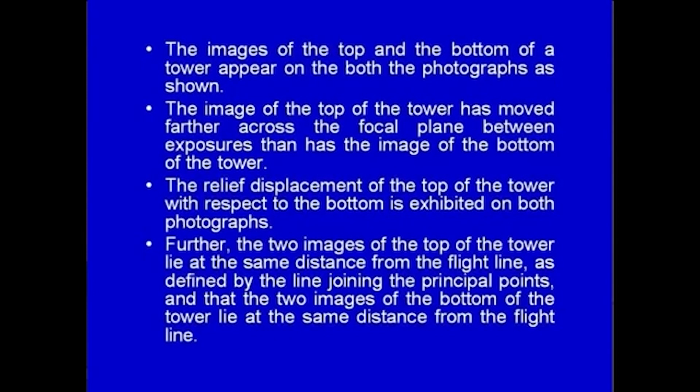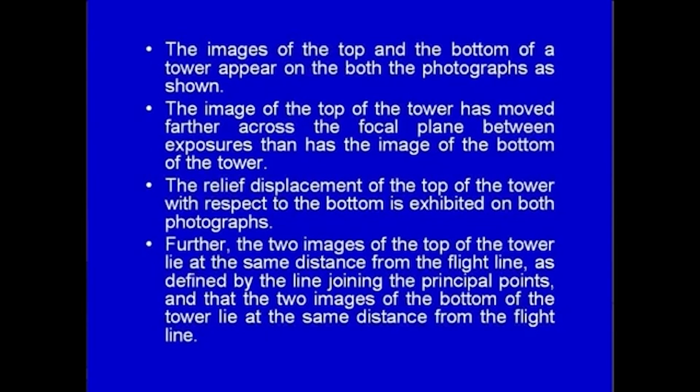The images of the top and bottom of a tower appear on both the photographs as shown. The image of the top of the tower has moved further across the focal plane between exposures than has the image of the bottom of the tower.